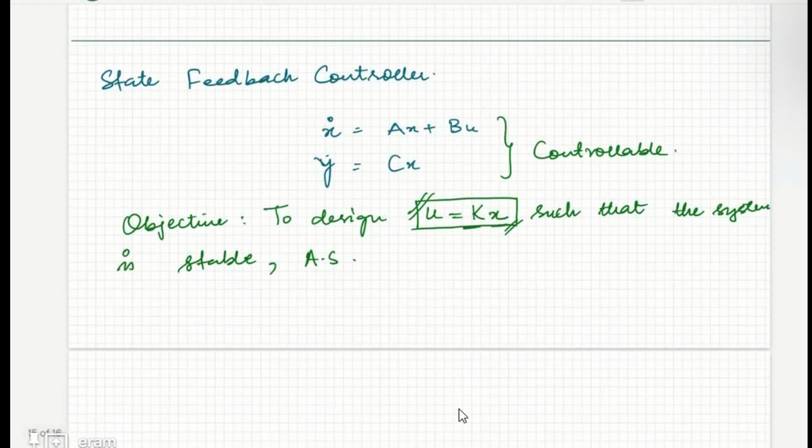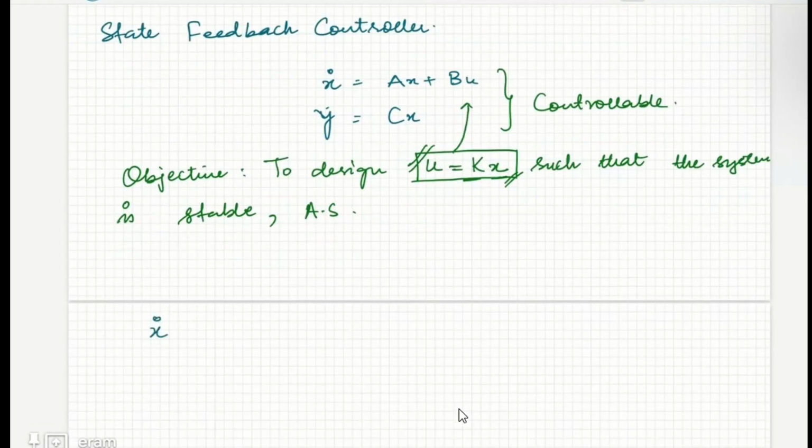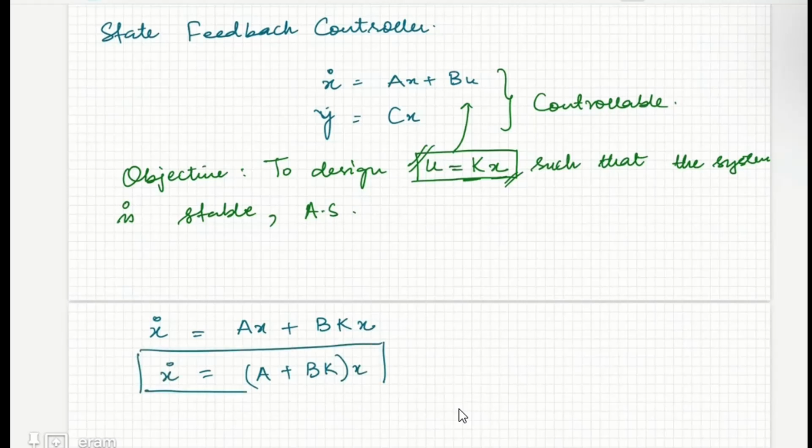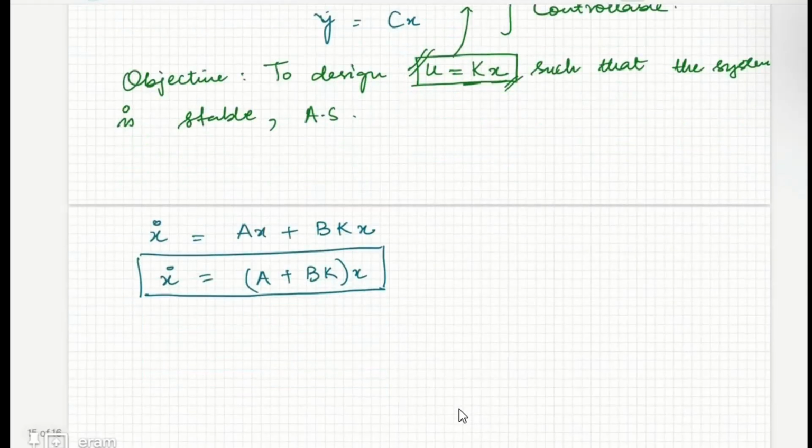Then if we put it here, by putting u equals Kx, it is B into K into x. That means A plus BK times x. With state feedback controller Kx, the state matrix is transformed as A plus BK.